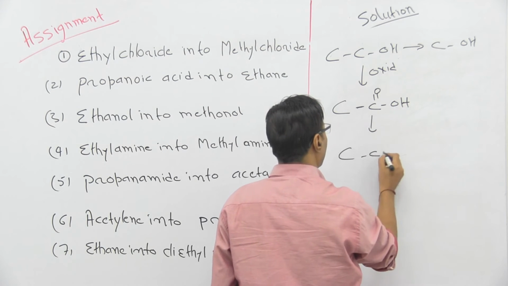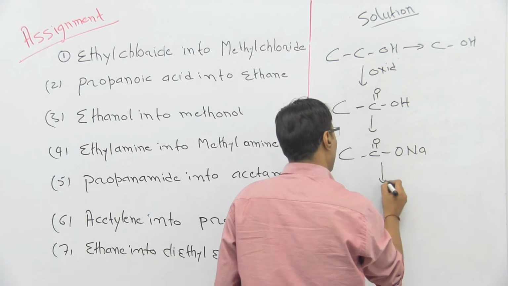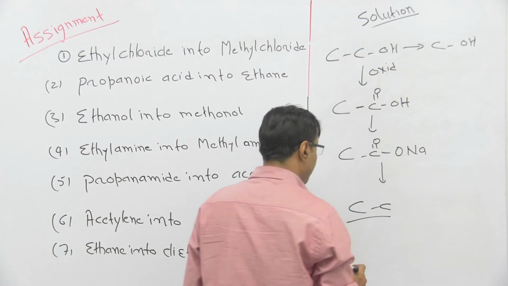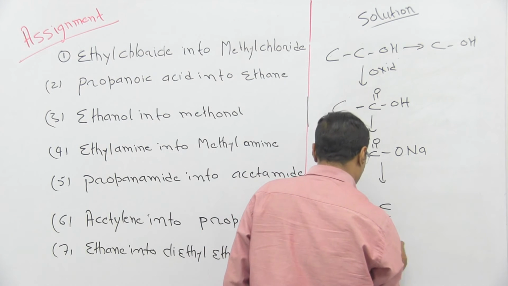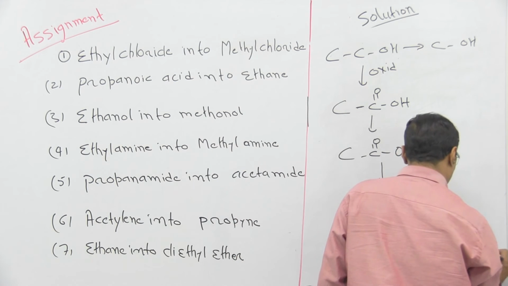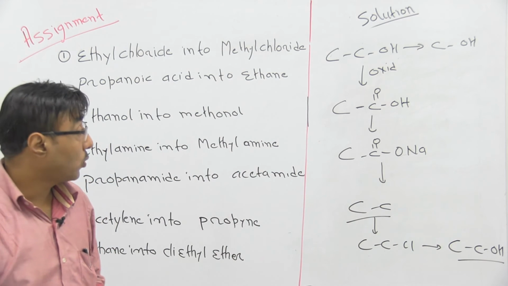Convert this into the sodium salt of the acid and decarboxylation, so it will be CC. Convert it into CCCl and finally CCOH. This is the flow chart.